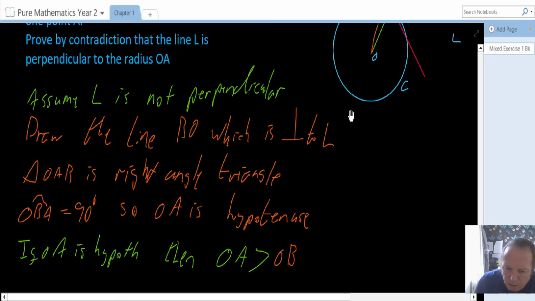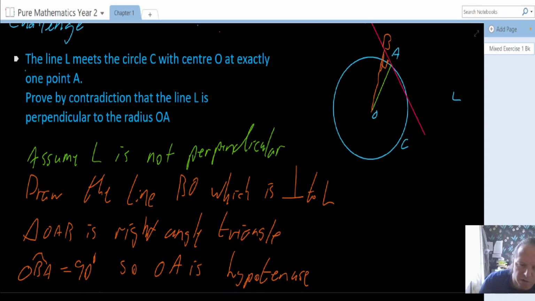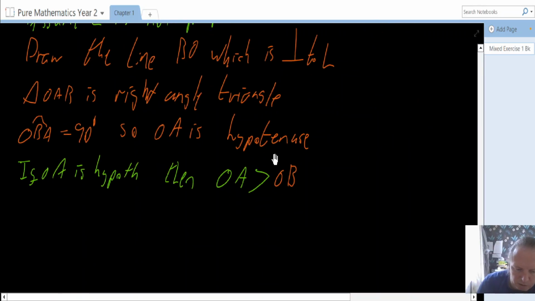But you can see that because L is not a right angle, OB has to go out of the circle and is bigger.